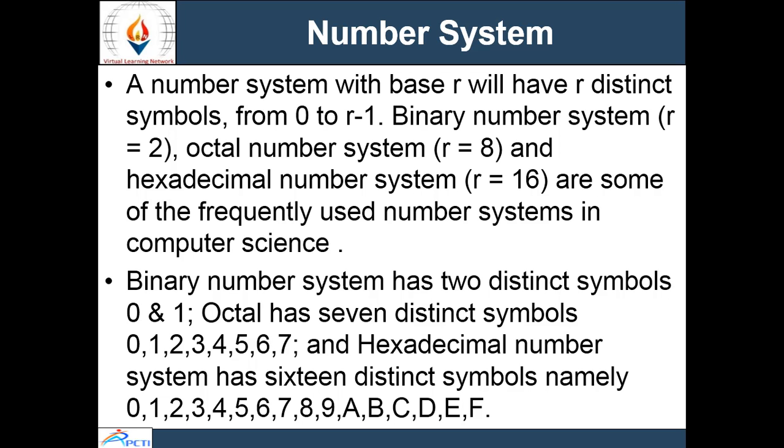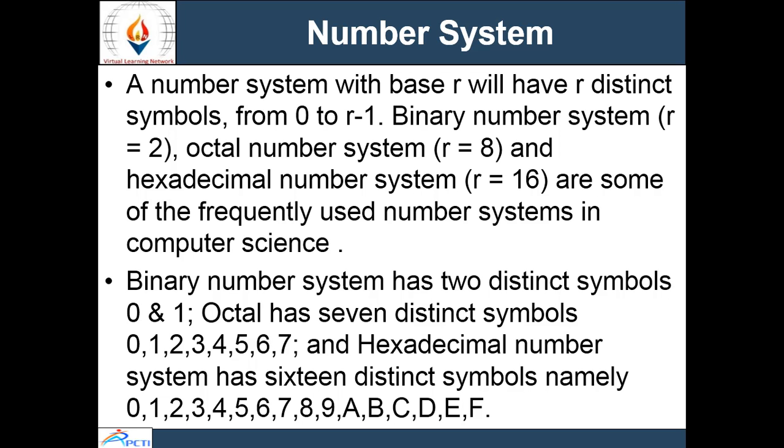We are familiar with the decimal number system, which uses 10 distinct symbols from 0 to 9 and has base 10. A number system with base r will have r distinct symbols from 0 to r minus 1.